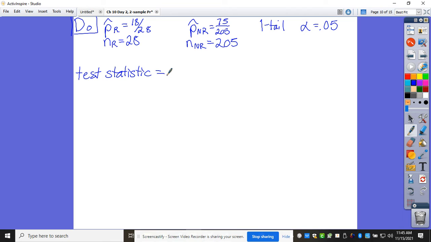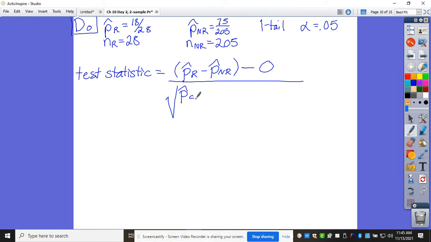So our test statistic equation, what goes on top? Just general? Yeah. P hat R minus P hat NR. And then I still have the denominator.